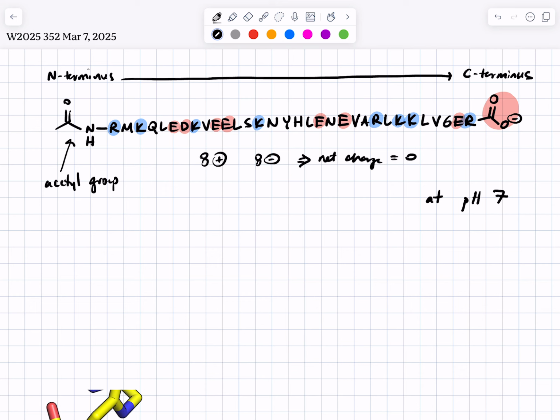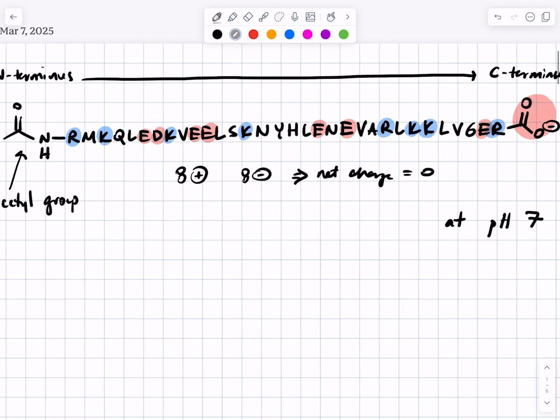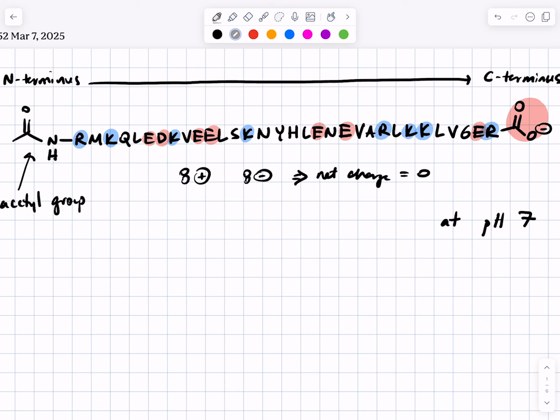Okay, how about nonpolar residues? We'll highlight those in green. I don't know, red-green colorblind folks, that might be an issue. So let's do orange. All right, so here, as I told you, we're looking for things that are more nonpolar than, say, alanine.